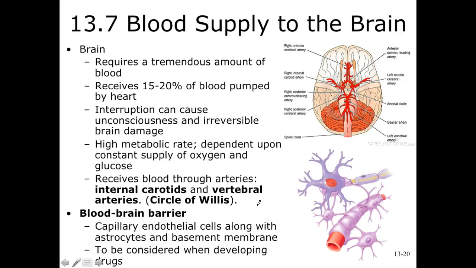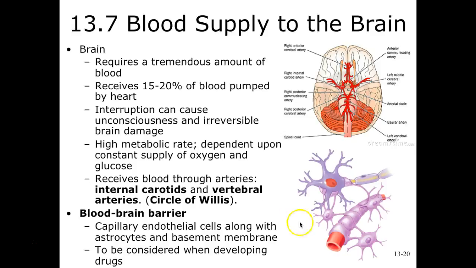Blood supply to the brain. I need you to know that the brain needs a ton of blood. About 15 to 20% of our blood is pumped by the heart to the brain. If we have any interruption, a stopping of blood going to the brain, it leads to unconsciousness and irreversible brain damage. Because we have a high metabolic rate, we really need oxygen and glucose to reach the brain in order for it to function correctly.